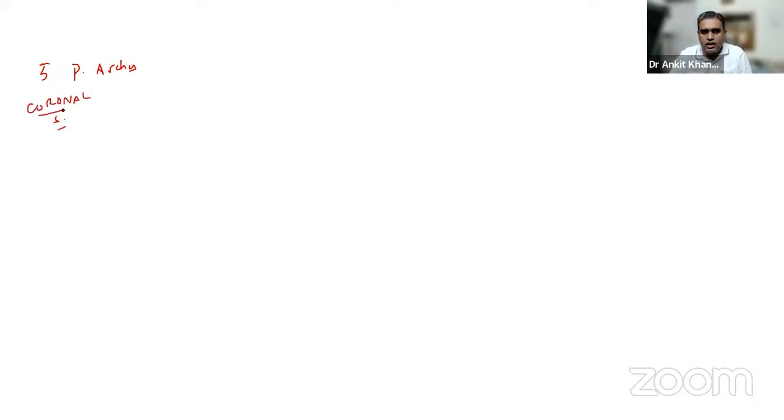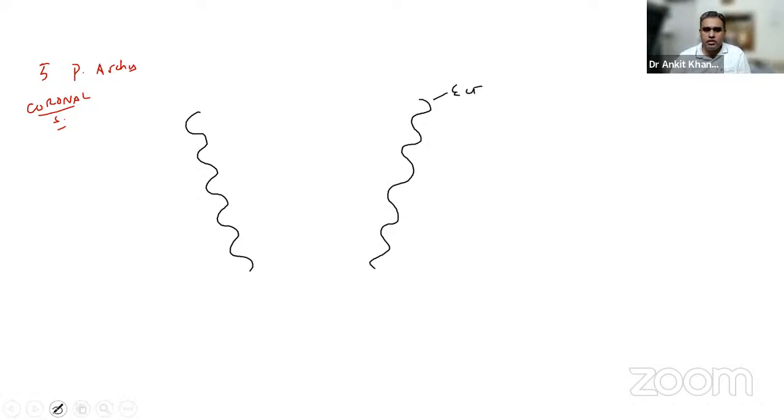If I take a coronal section of the pharyngeal arches, then on the outside there is ectoderm. So we have 5 arches: first, second, third, fourth, and sixth, on both sides. On the outside is the ectoderm area, and on the inside is the endoderm area.